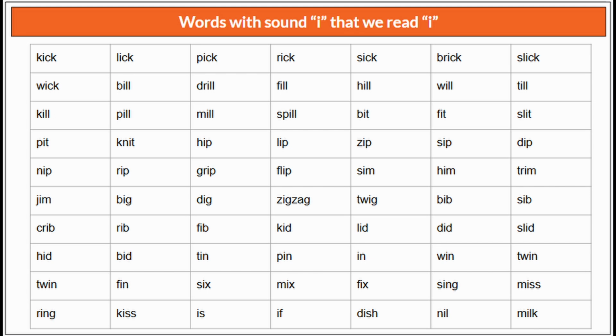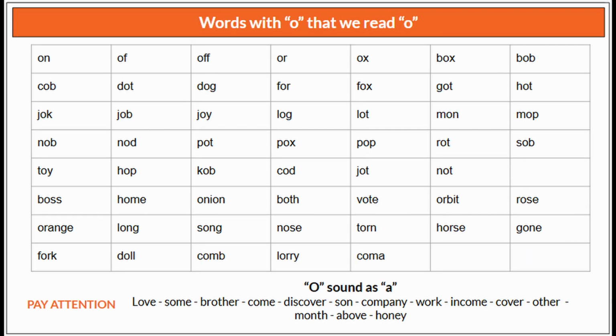Here we have words with O that we read O. The same formula as the previous ones. On, cob, joke. This joke, let it be like this.